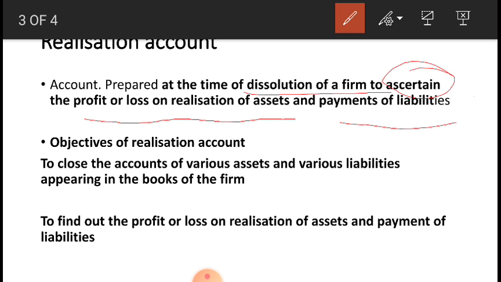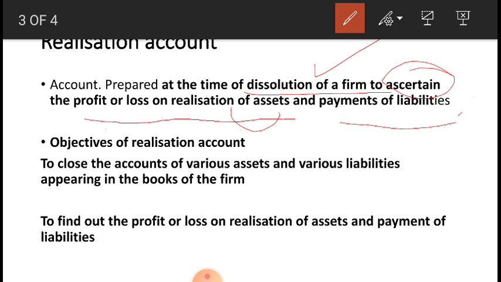So it is an account prepared at the time of dissolution to find whether there is profit or loss on realization of assets, that is sale of assets, and payment of liabilities.